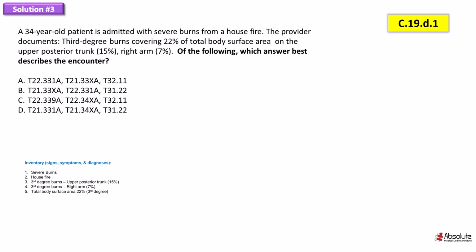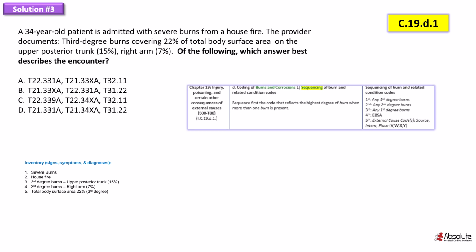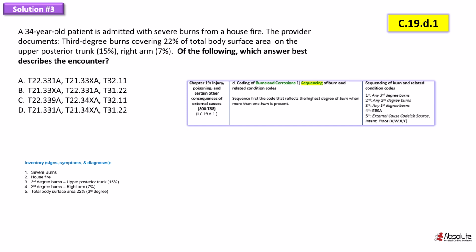So the guideline that we're going to reference is C19D1, and here is why. This is the guidance for sequencing of burns and related conditions. This is what I've come to learn, after seeing it repeatedly. Of course, it's going to stick. So you're going to sequence first your third degree burn.